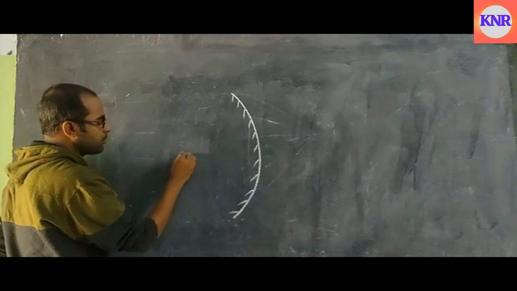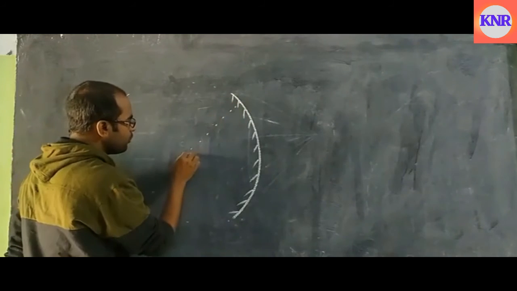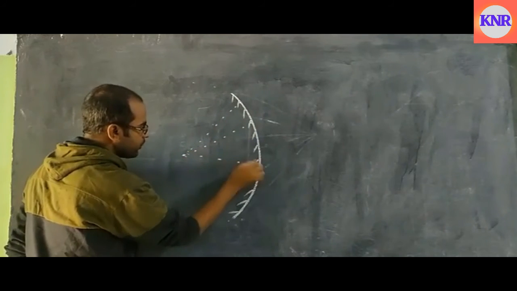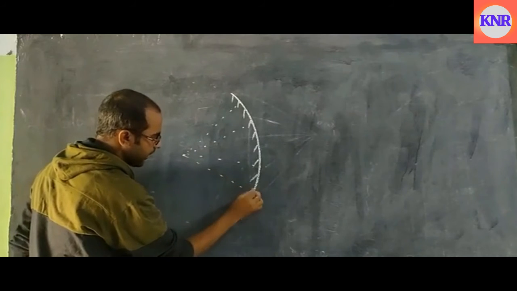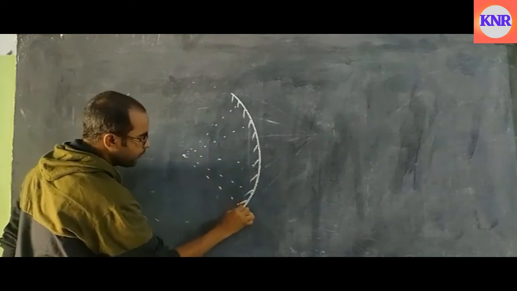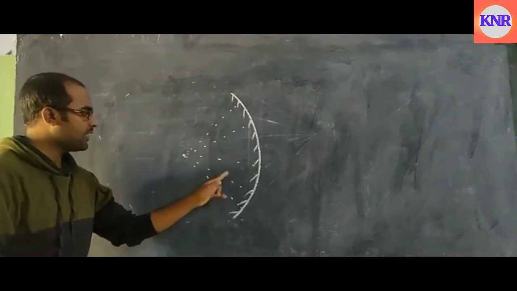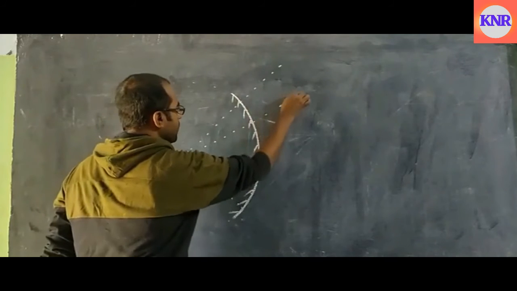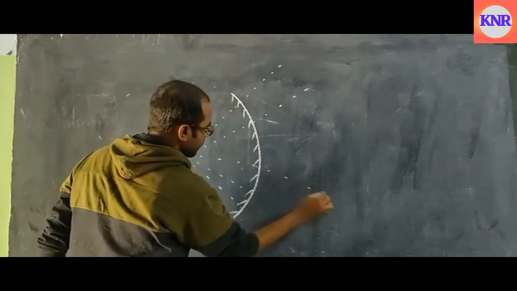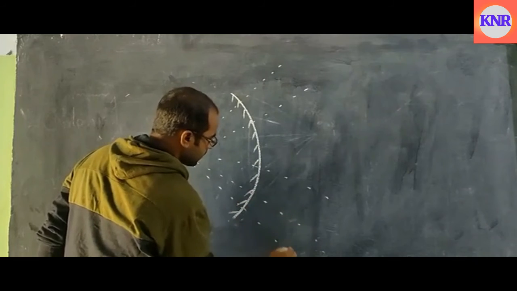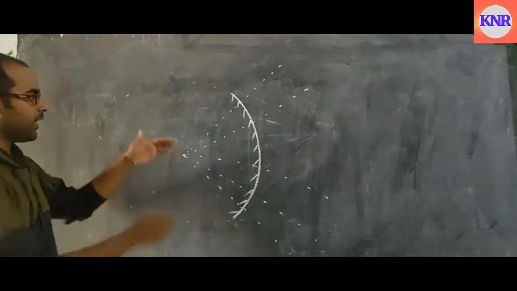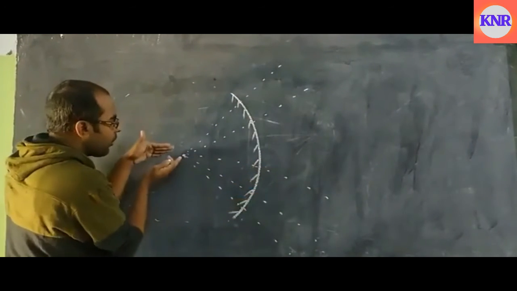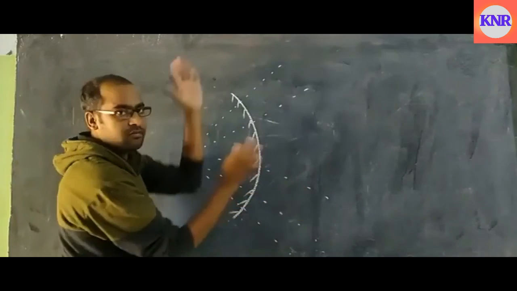So from this center to any point on the mirror, if you draw an imaginary line, those lines act as normals for this mirror. How are these looking? All the normals are divergent from the mirror, or they are originating from the center of this curve.